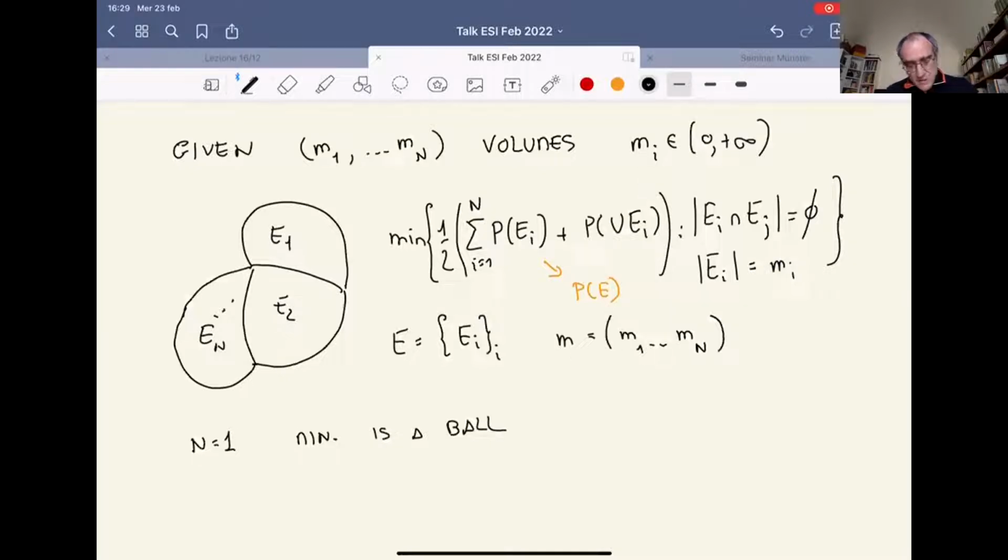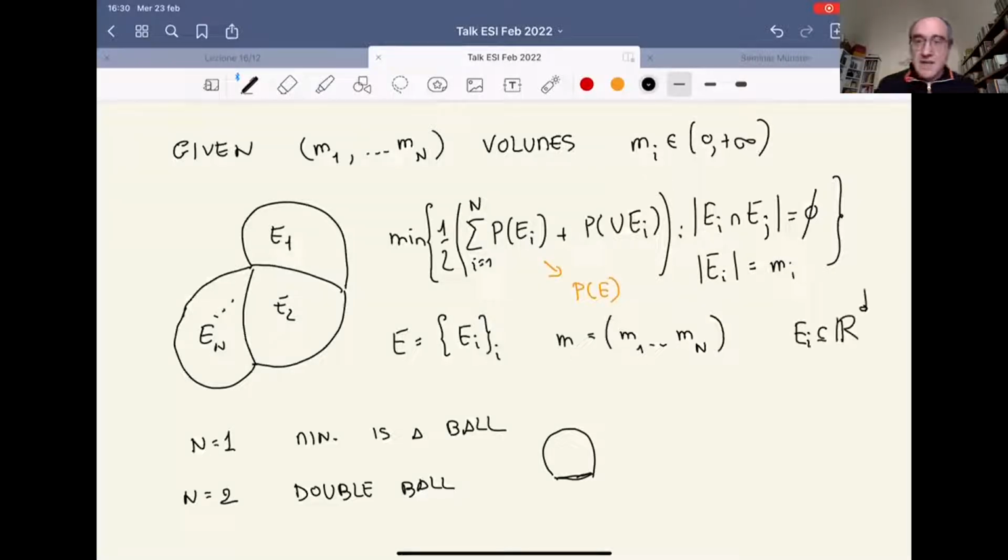Just as a quick overview of the results: when n is equal to 2, the case is established, and essentially the minimizer is a double ball, even in R^d, where d is a general dimension.